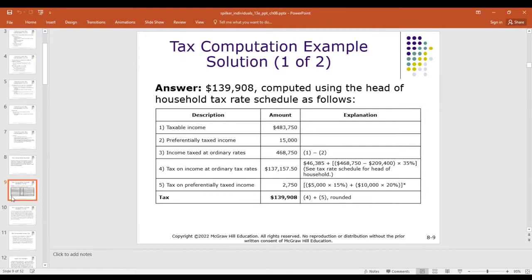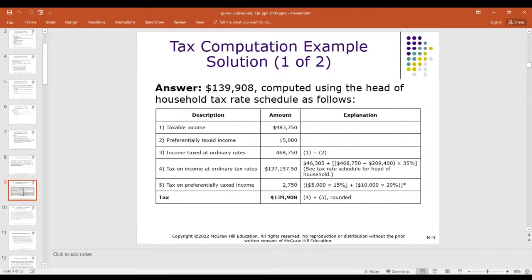So when this happens, we ask, how much was taxed at ordinary rates? $468,750. How much more income would bring her up to $473,750? $5,000. So $5,000 of that $15,000 dividend is taxed at 15%.